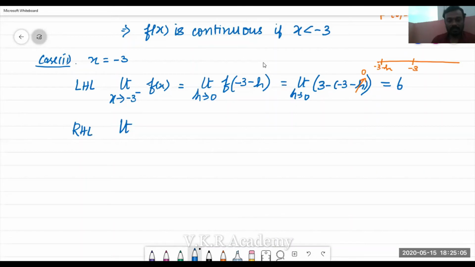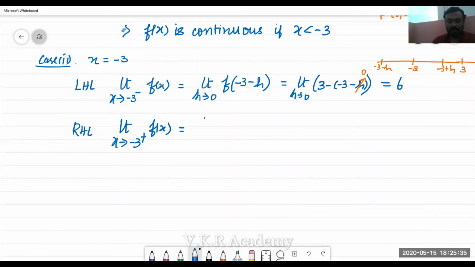x tends to minus 3 plus. Minus 3 plus will lie to the right, but it will lie before 3, within the interval minus 3 to 3. So in that case, our f of x is defined as minus 2x.